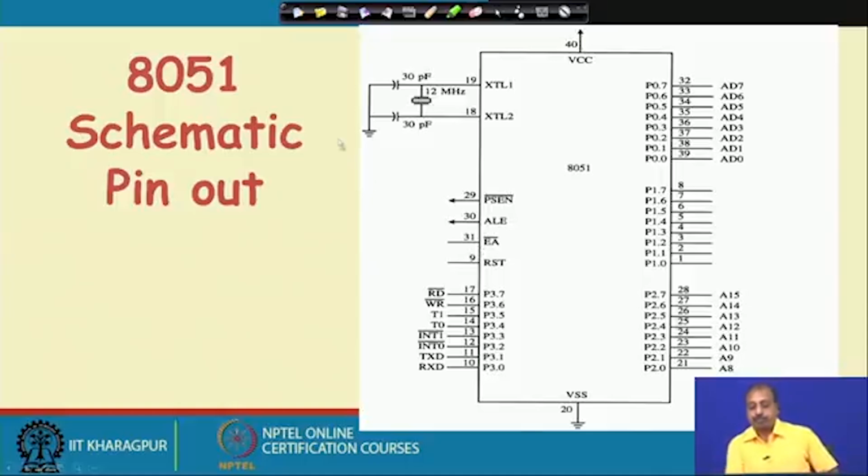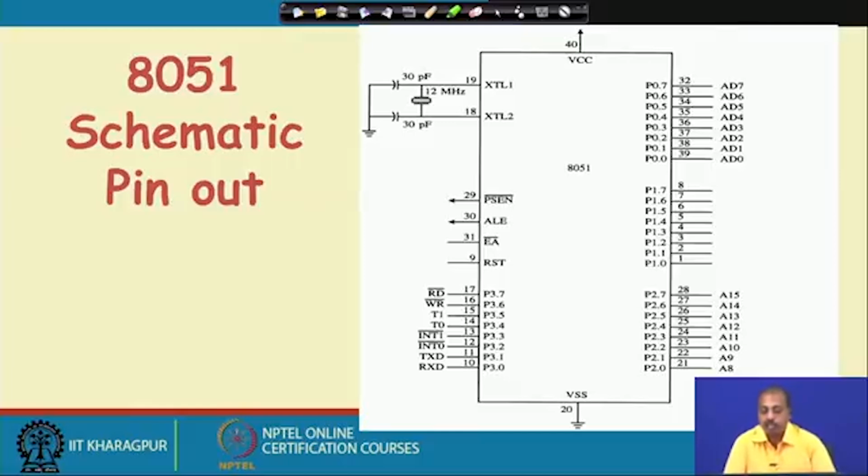If the EA bar line is made 0, the system designer wants the 8051 to use the code space from external memory, that is, to take the code from the external ROM. For normal operation, we should set this EA bar pin to 1. If this pin is made high, then when the 8051 accesses code, it will use the internal ROM.